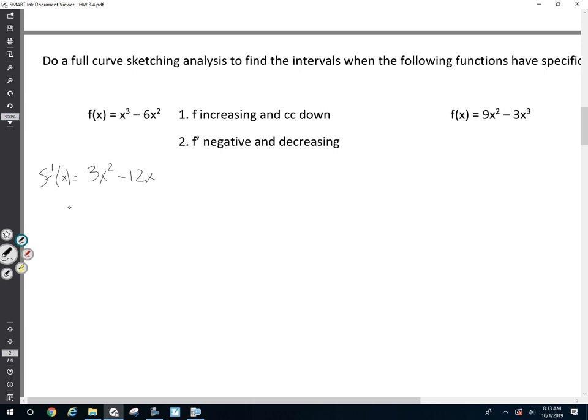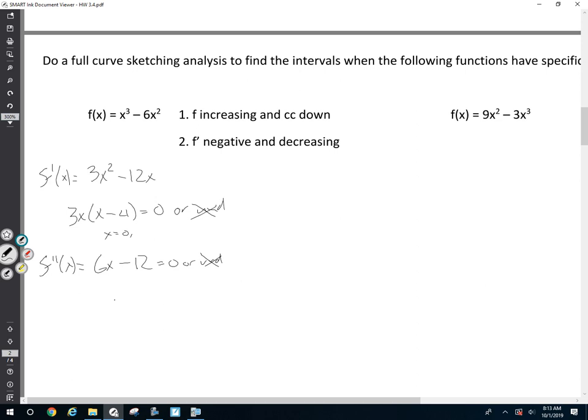So here's f prime. We will find its important points where it could change signs. And we'll go ahead and do f double prime as well, looking for important points where it possibly changes signs. We don't have to worry about the undefined.